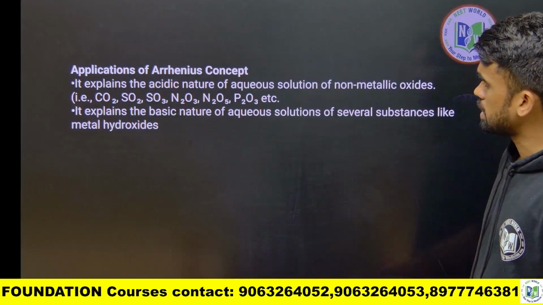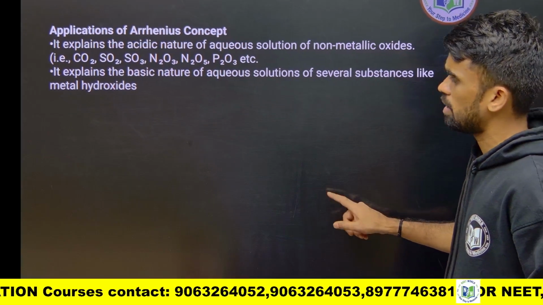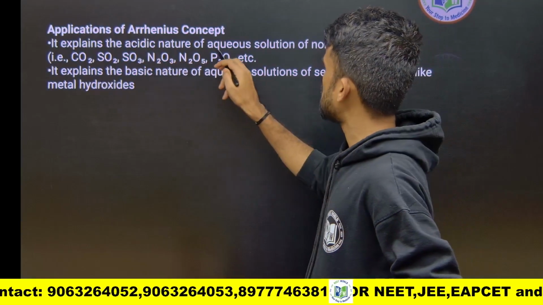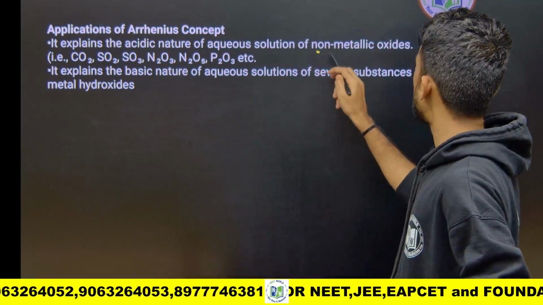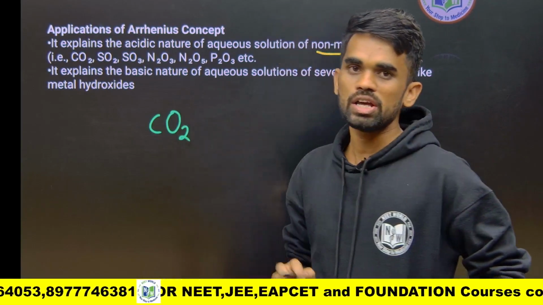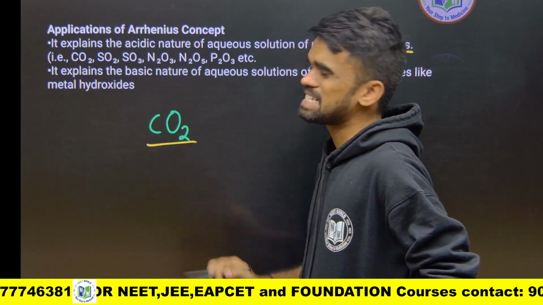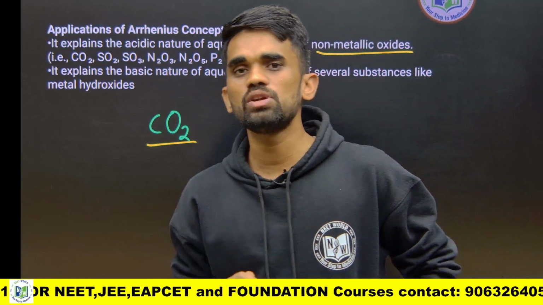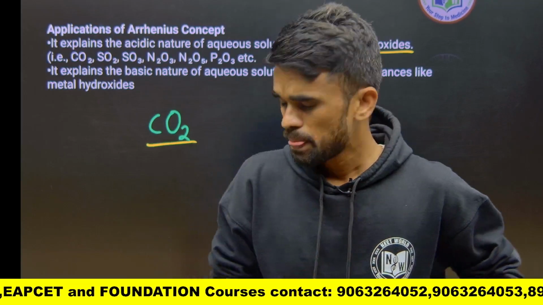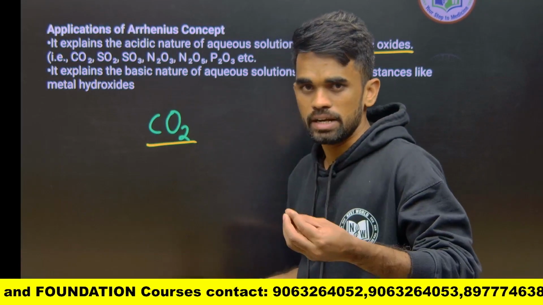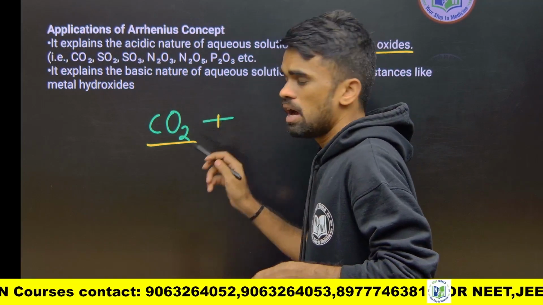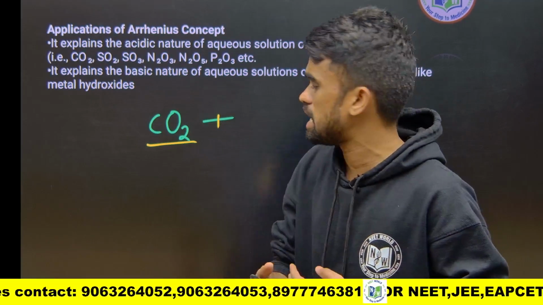Okay, then next, what is an example application of this Arrhenius acid-base theory? See, it explains the acidic nature of aqueous solutions of non-metallic oxides. For example, CO2 is a non-metallic oxide, and I am saying this is an acidic oxide. So how can we know whether a given oxide is acidic or basic? When we add water to this oxide, it forms an acidic solution.